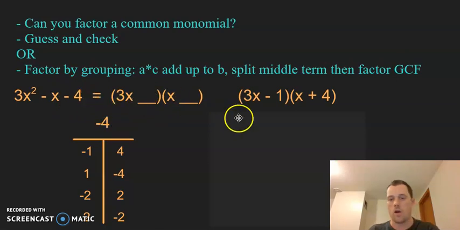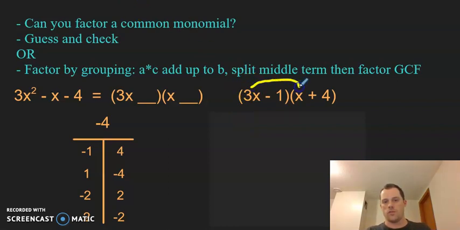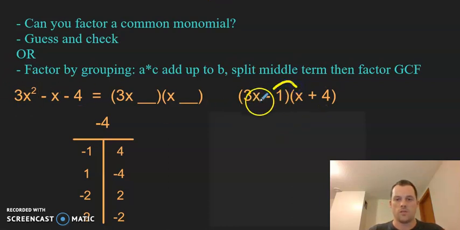So if we think about our box or FOIL here, when we multiply the first 2 terms and the last 2 terms, those are always going to give us what we have here. It's those other 2 that we have to think about when we multiply the inside terms and the outside terms.